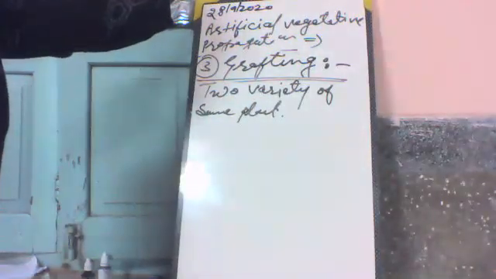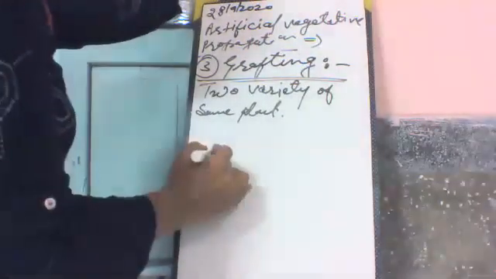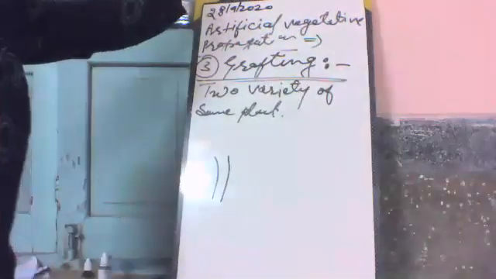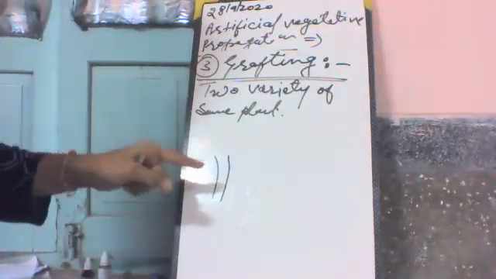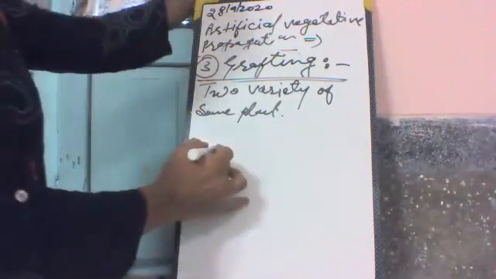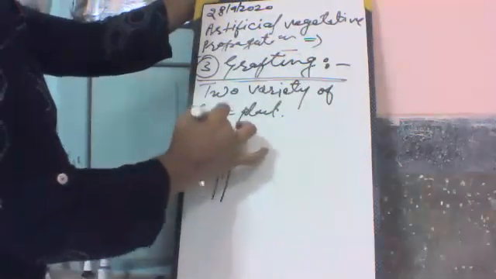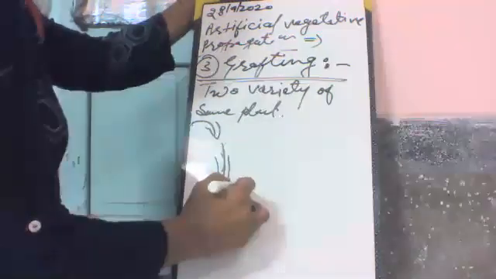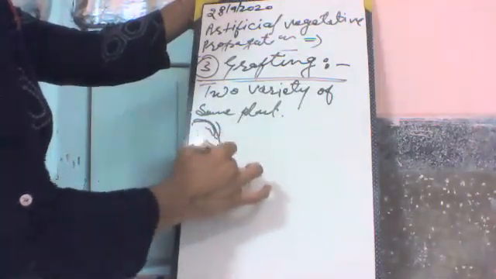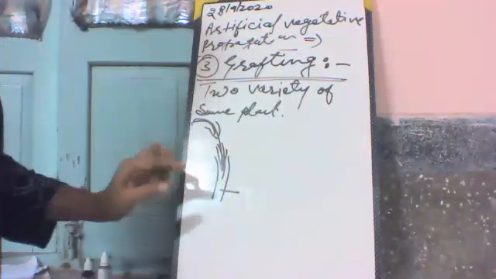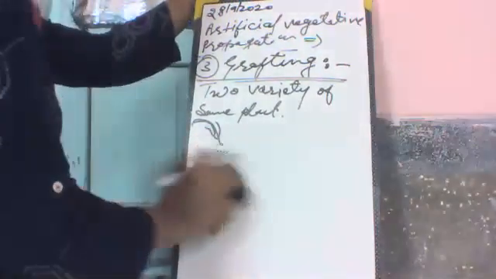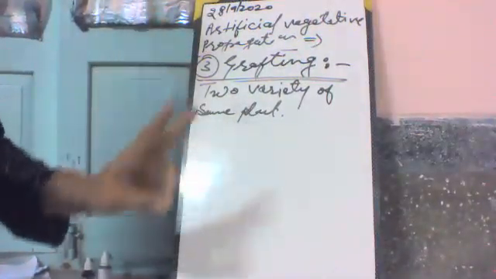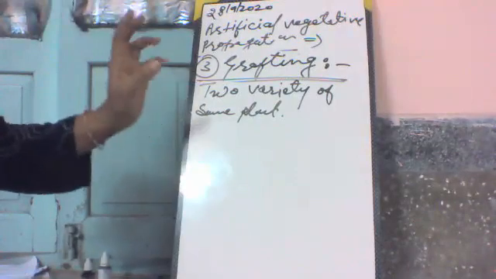One stem is fixed on the stem of the second variety. Here is the stem of the first variety, and we have to fix the stem of another variety on this stem. This is known as grafting, and in this method we take two varieties with a particular desire.